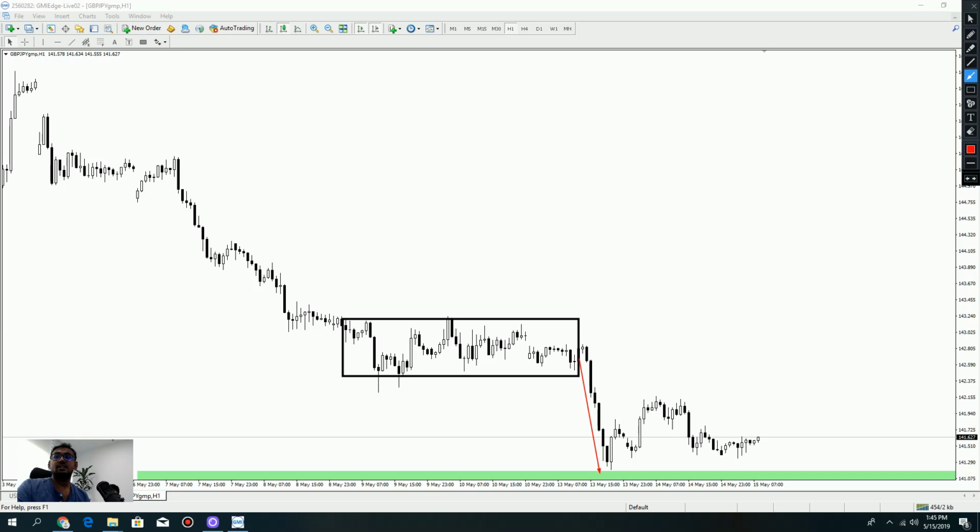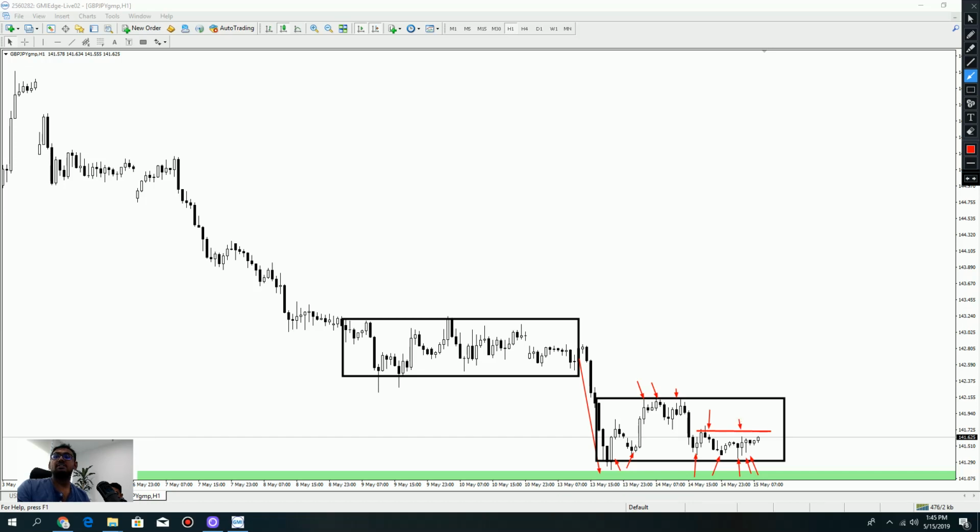And you can see that currently the price has been ranging at this zone, and at this point buyers are quite strong. You can see buyers are buying here, buying here, buying here, and sellers sold here. That's one proof that sellers have sold at this level, and at the moment price is heading to this level.